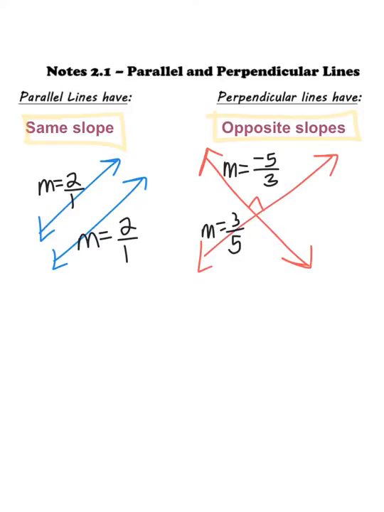So keep that idea in mind as we go ahead and write our equations. Our first example is asking us to write an equation of a line that is perpendicular to the line y = 2x + 3. So let's talk about that line for a minute. I know that the slope of this line is 2, so I'm going to fill that in.